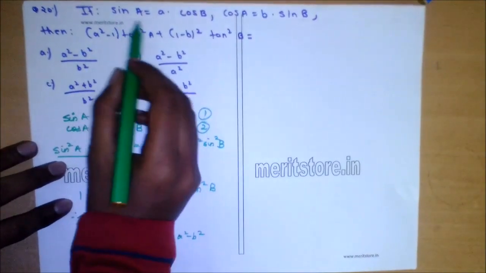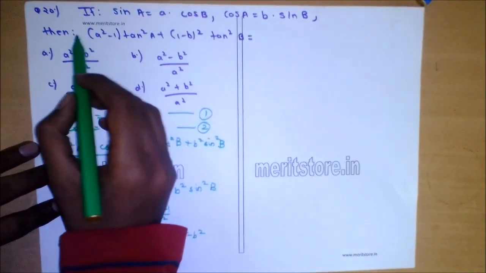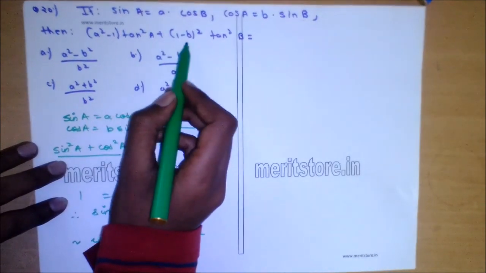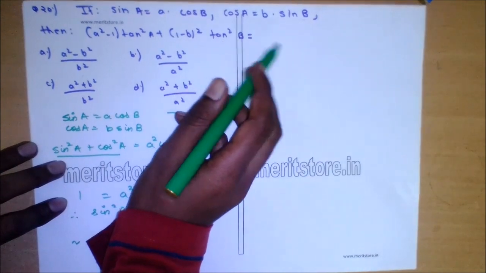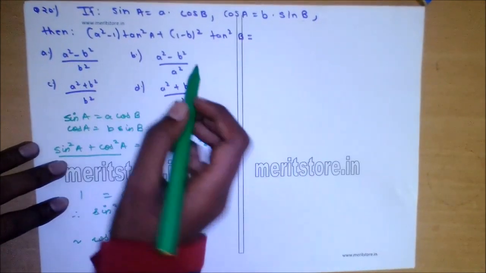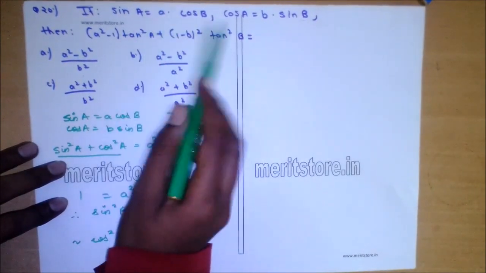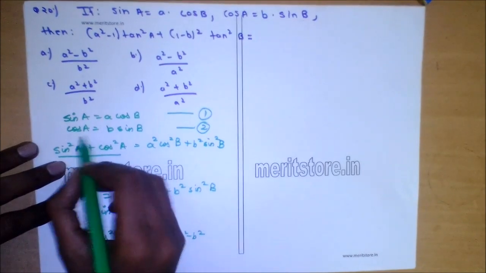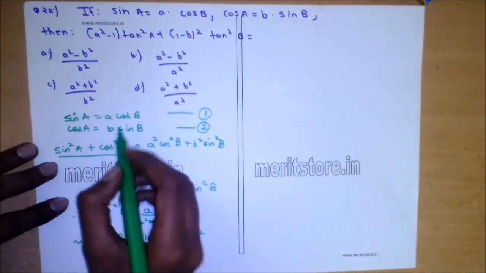Question is, if sin A is a cos B and cos A is b sin B, then (a square minus 1) into tan square A plus (1 minus b square) into tan square B is what? These are the options. So first we consider the equations. Sin A is a cos B and cos A is b sin B. We square it and add it.